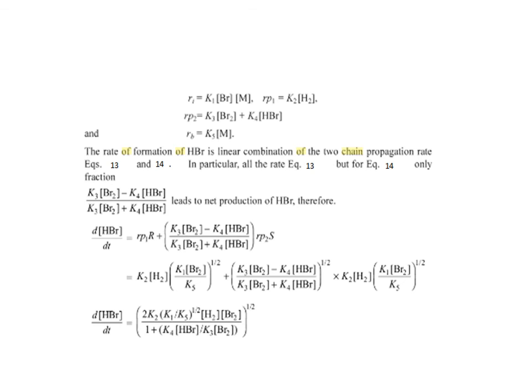And this will become d[HBr]/dt, that is equal to 2K2 (K1 over K5) to the power 1/2 H2 into Br2 to the power 1/2, over 1 plus K4HBr over K3Br2.